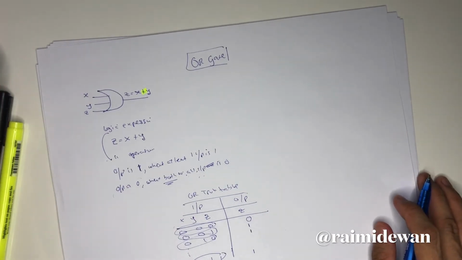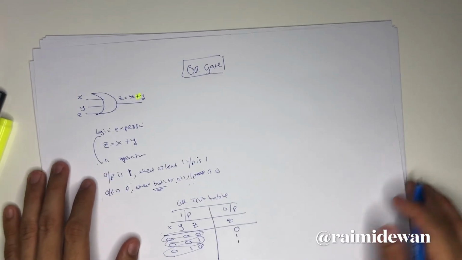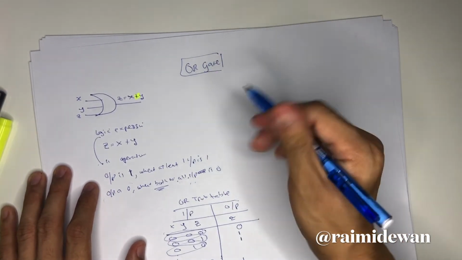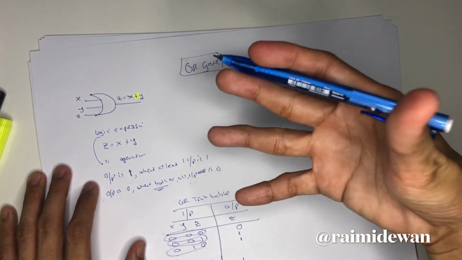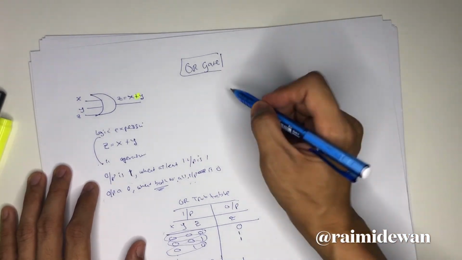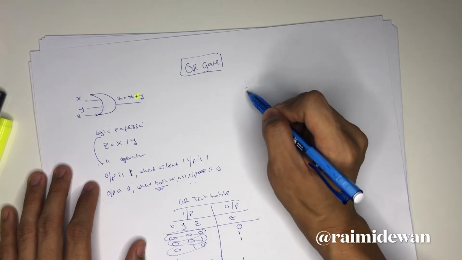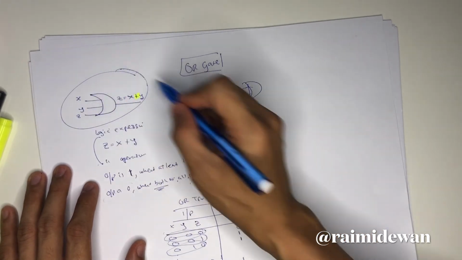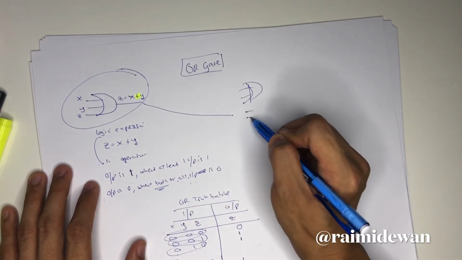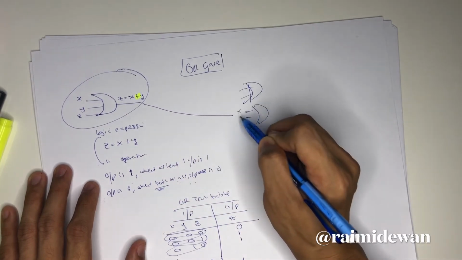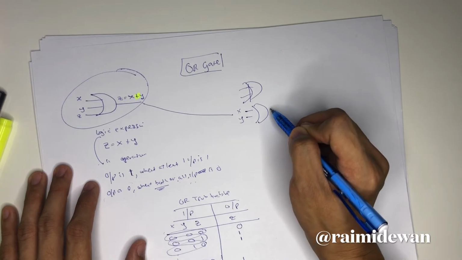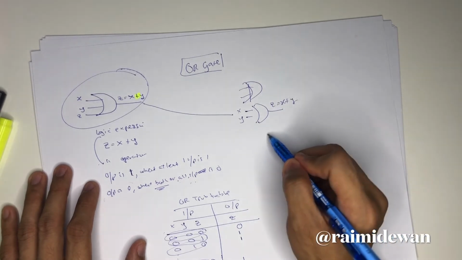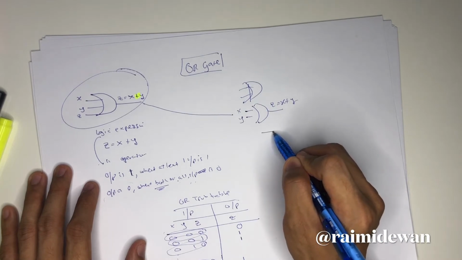How about the timing diagram then? For simplicity, I just use 2 inputs, though you can have 3, 4 or 5 inputs. The timing diagram is the same as for this, but we reduce it to only 2 inputs.